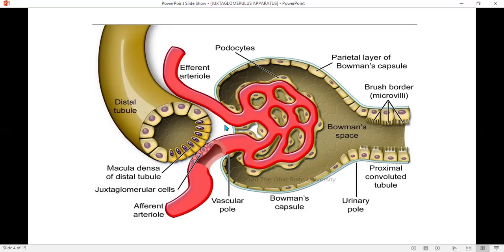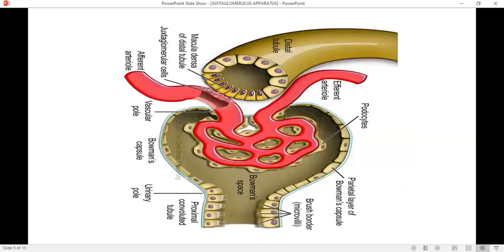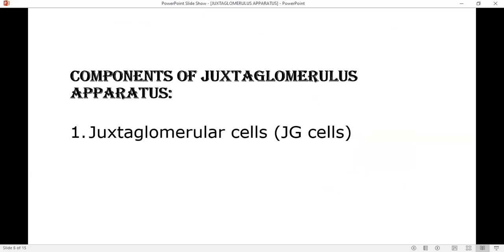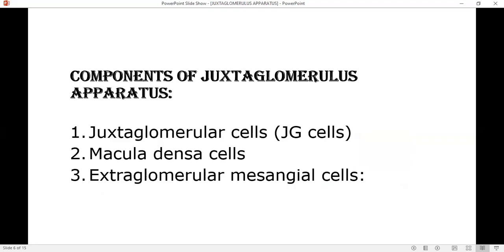So sometimes they like asking questions about the juxtaglomerular apparatus. Why? Because this is a very important component, especially when we start looking at the renin-angiotensin system. You realize that it's a very important topic in the regulation of blood pressure, regulation of fluid and everything. Actually, a lot. So the major components of the juxtaglomerular apparatus are the juxtaglomerular cells, the macula densa cells, and the extraglomerular mesangial cells, the ones I was describing there.